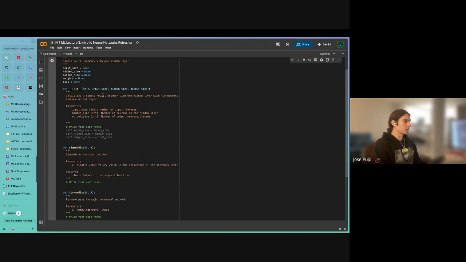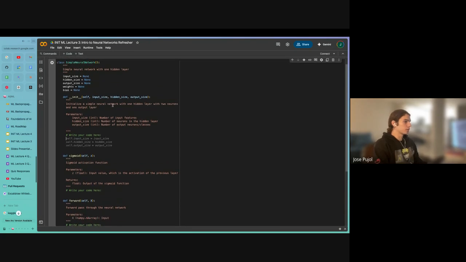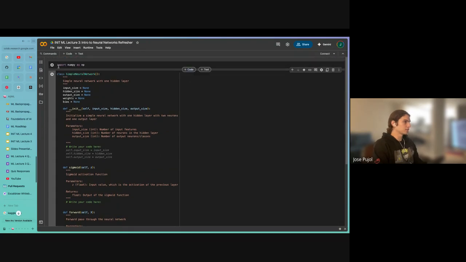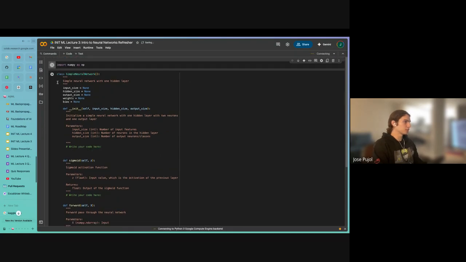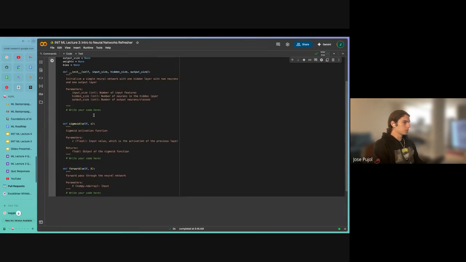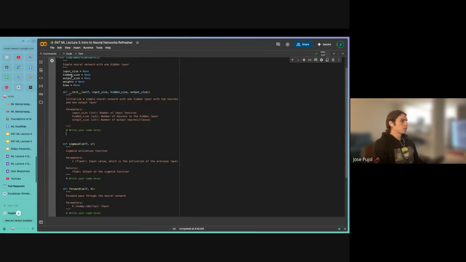So this is just a blank implementation of a neural network. We have our simple neural network class. Let me import NumPy first, actually. We have our input size, which is the size of our input layer.